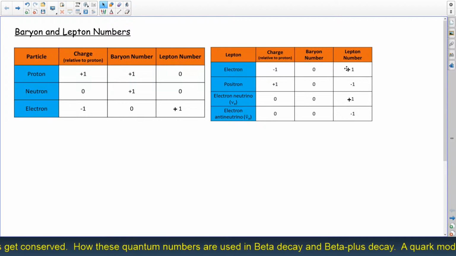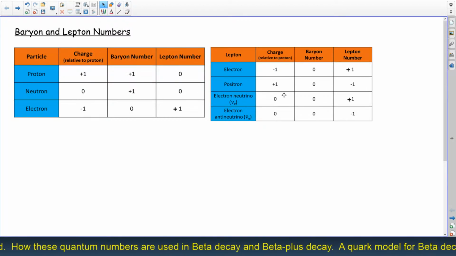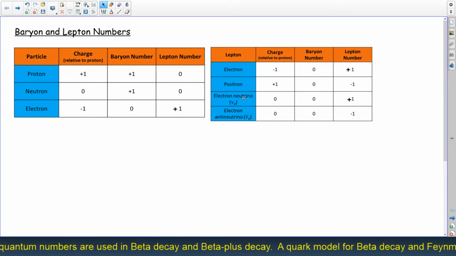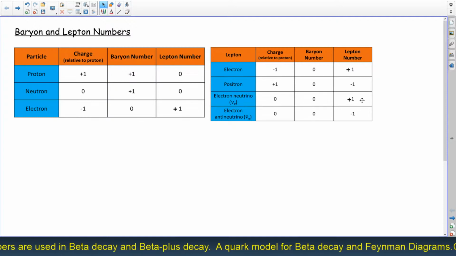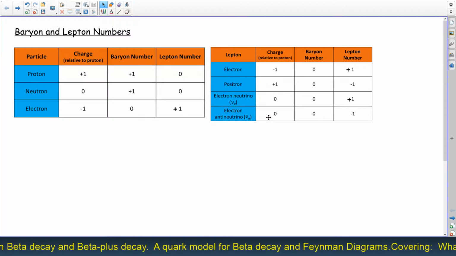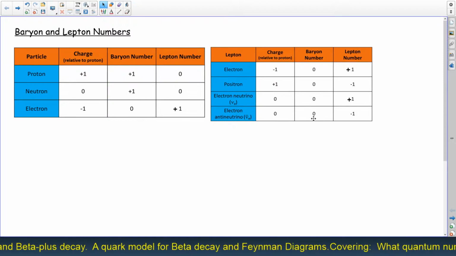The electron is the lepton, the positron the antiparticle of that with charge here. The neutrinos that are associated with those then are the electron neutrino, which has a charge of 0, a baryon number of 0 because it's not a baryon, and a lepton number of +1. And the electron antineutrino has charge 0, baryon number 0, and lepton number -1.